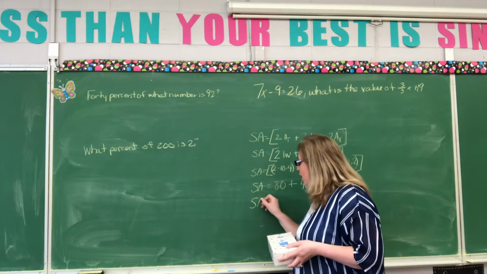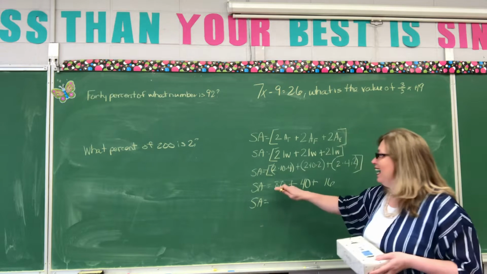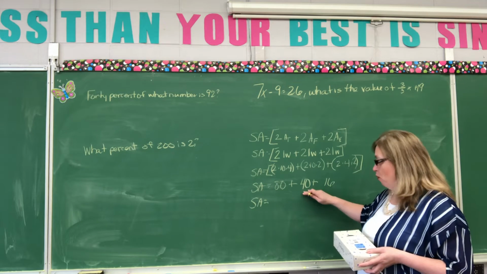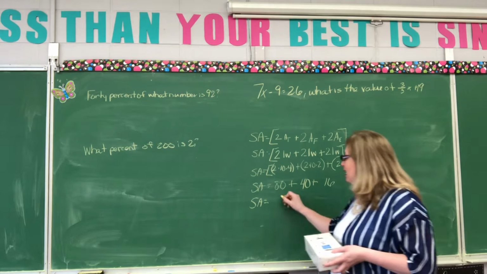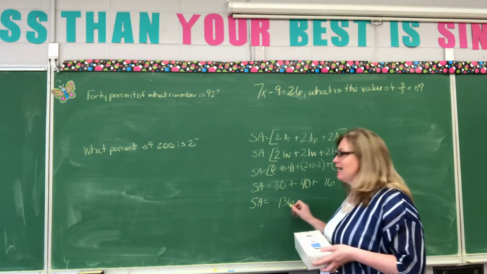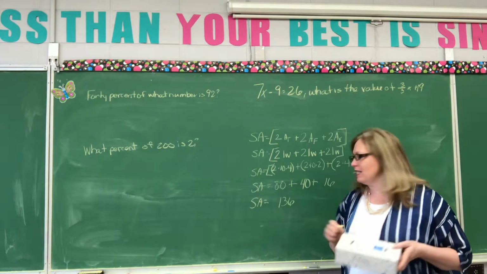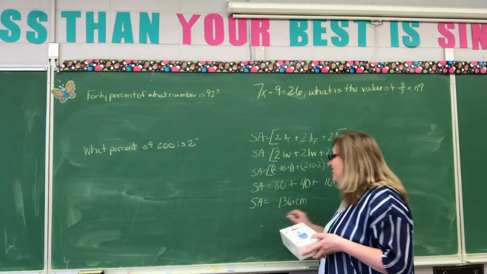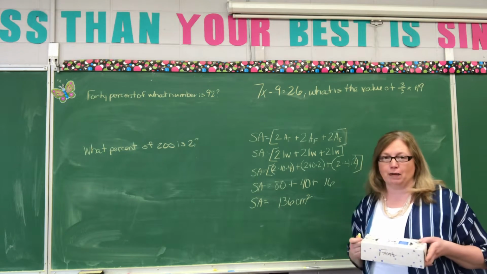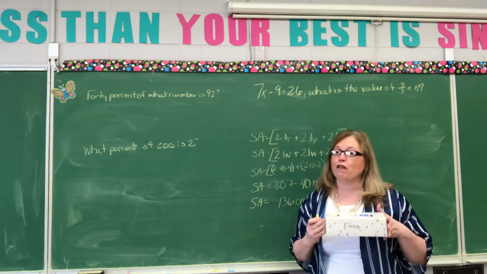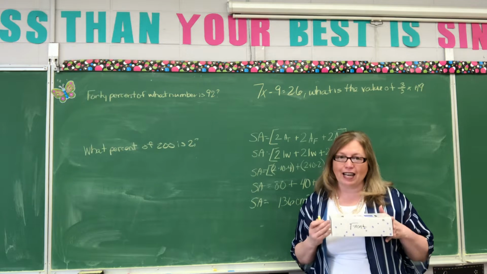So my surface area, all I'm going to do is add 80 plus 40 is 120. 120 plus 16 is 136. We're going to say that this was in centimeters, because it's area I know my label has to be square centimeters. That's how you do the surface area of a rectangular prism.